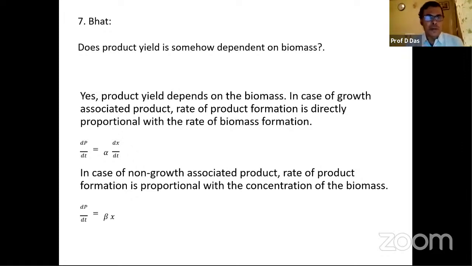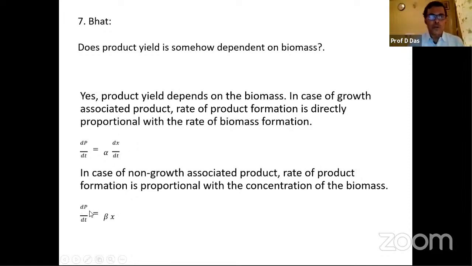Now, what do you mean by growth associated product? Here it is written: dp/dt is proportional to dx/dt. What does it mean? The rate of product formation is directly proportional to the rate of growth of the cells. If it is this, we call it a growth associated product.